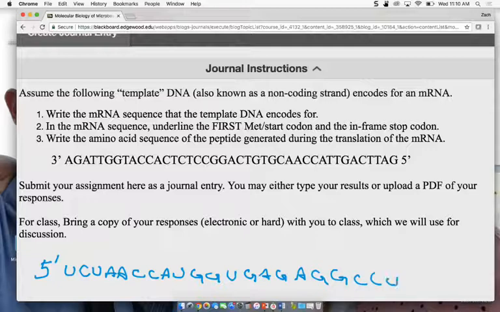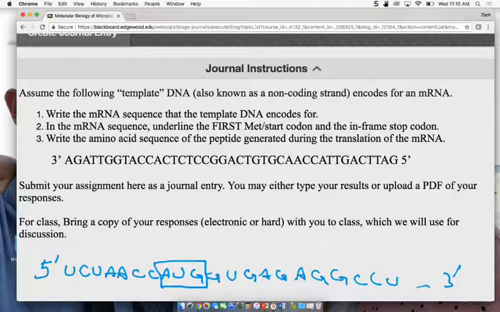Is that okay right now? All right, somewhere in there is our start codon. Where is it? Identify it for yourself. And if you've identified it correctly, it should be, let's see, 1, 2, 3, 4, 5, 6, 7, 8, 9th, and 10th nucleotide in this mRNA sequence is our start codon.